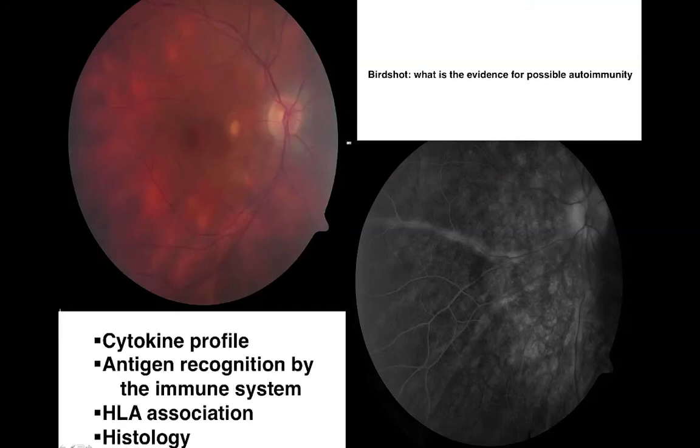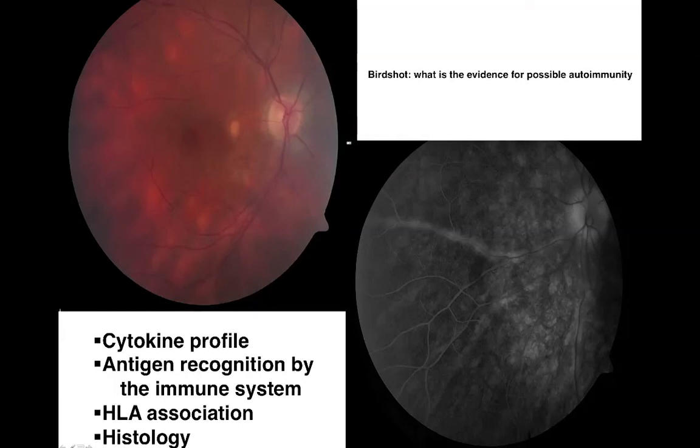Well, there are several, and the ones that I just want to emphasize today include cytokine profiling, changes in the kinds of products that are produced by the immune system that are thought to be pro-inflammatory, antigen recognition by the immune system, and if you remember, that's one of the key elements of the definition of autoimmunity.